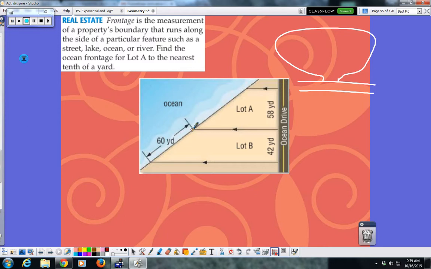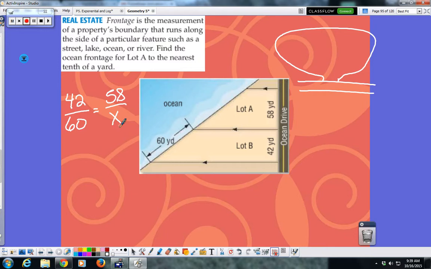Notice the parallel lines. Anytime you have parallel lines, it's going to cut things off into proportional pieces. So that means the 42 yards in lot B is to 60 yards of ocean frontage, the same way as 58 yards of lot A is to how much ocean frontage. It's going to cut it off into proportional pieces.